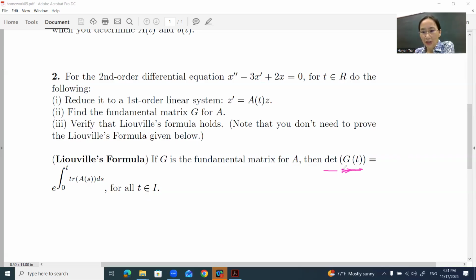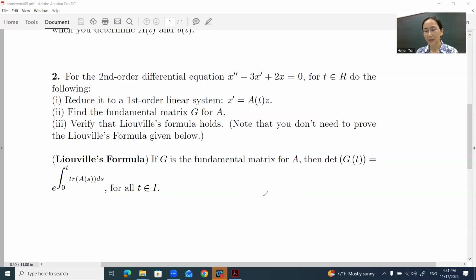So it has an inverse always. Yeah, guaranteed that G inverse exists.